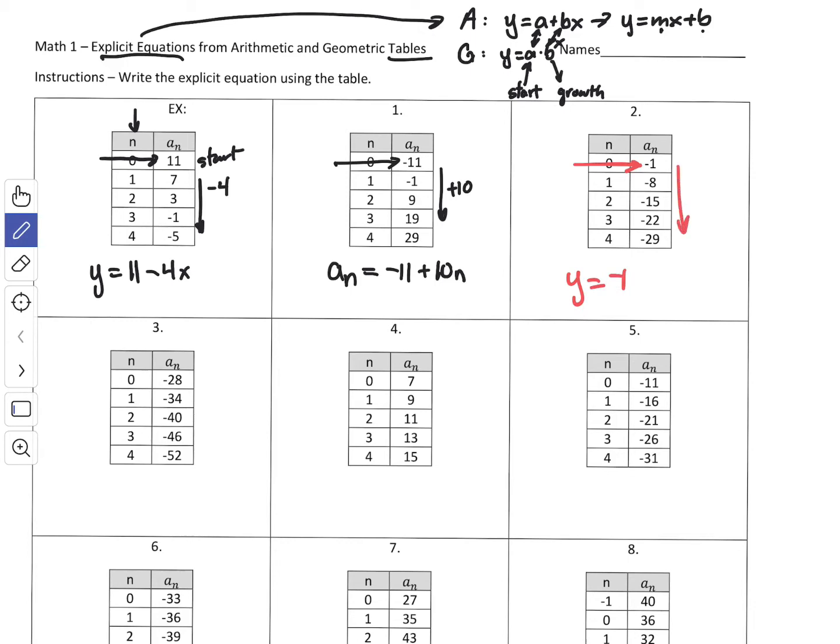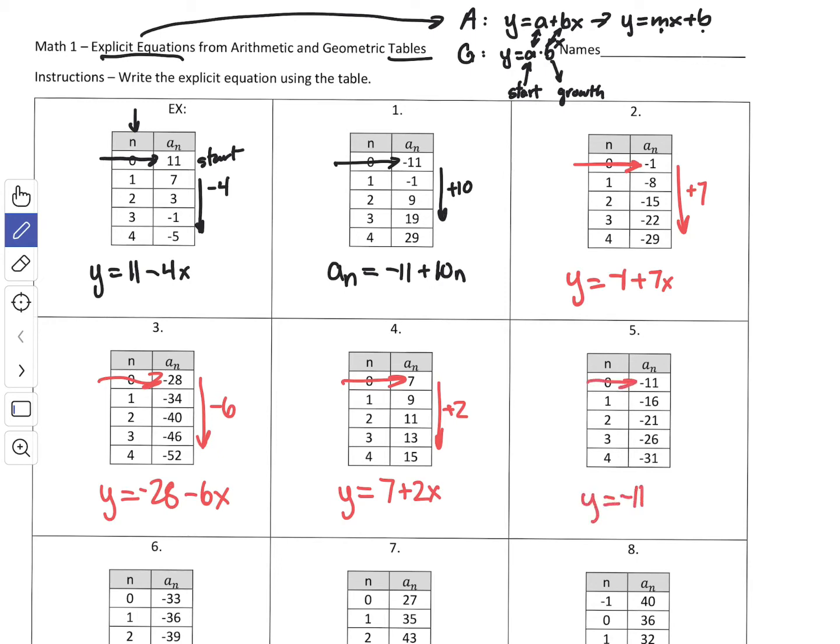Alrighty, so let's jump into these. I'd go y equals my start, and my growth is adding 7, so plus 7 times x. My start is -28. My growth is minusing 6 times x. My start is 7. Our growth is adding 2, so I go y equals 7, what am I doing to 7? Adding 2 to it, times x.